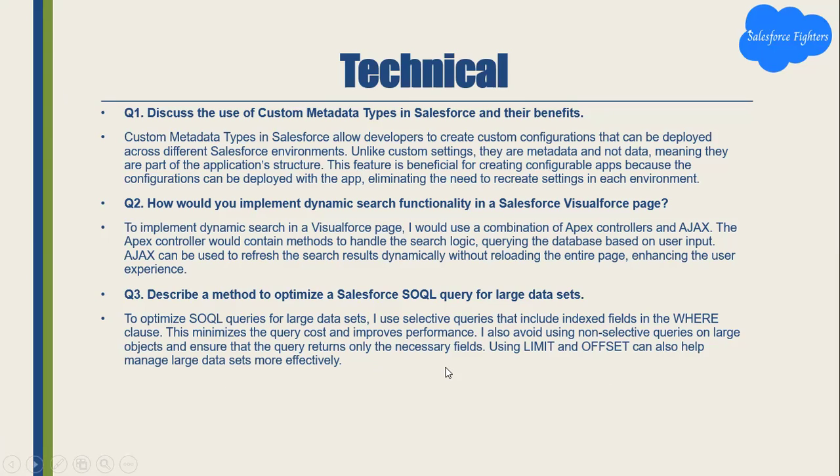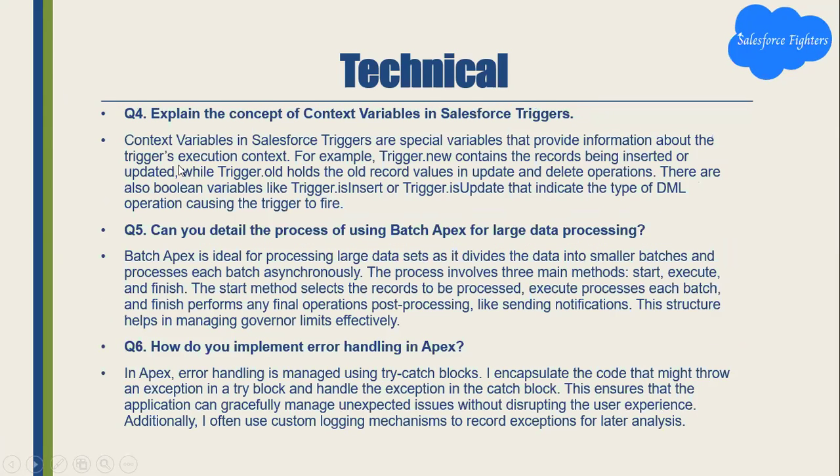Next question: explain the concept of context variables in Salesforce triggers. Context variables in Salesforce triggers are special variables that provide information about the trigger's execution context.